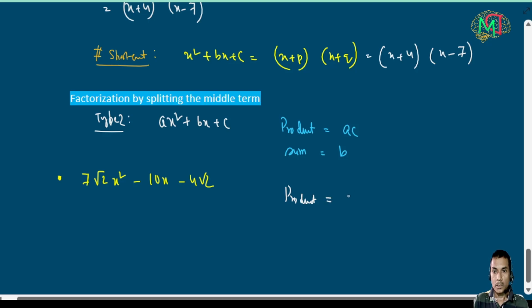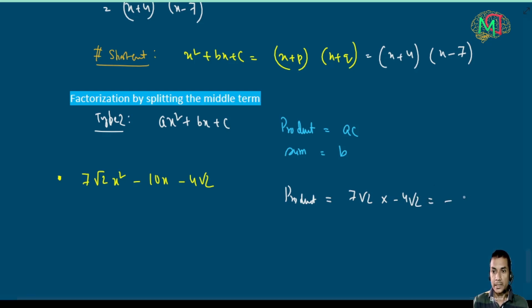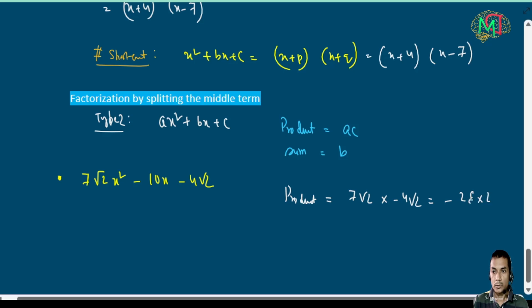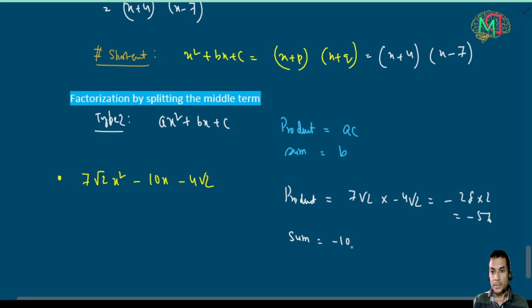Product is equal to what? 7 root 2 into minus 4 root 2, that is minus 28 into 2, so this is minus 56. Clear? So product is minus 56, and sum is what? Sum is equal to minus 10.